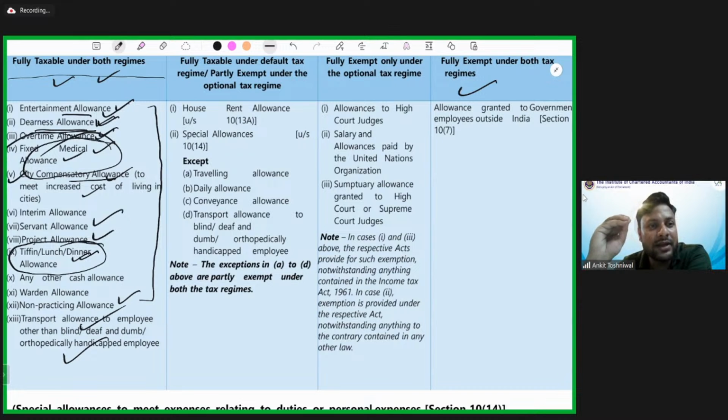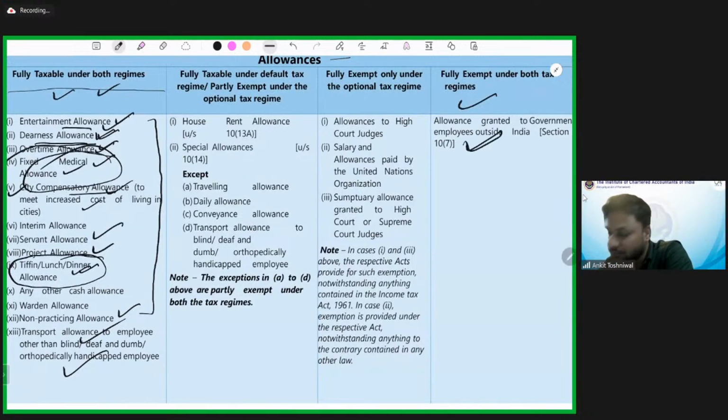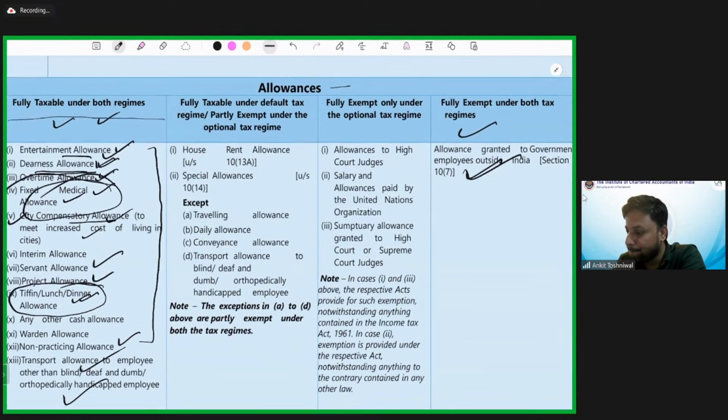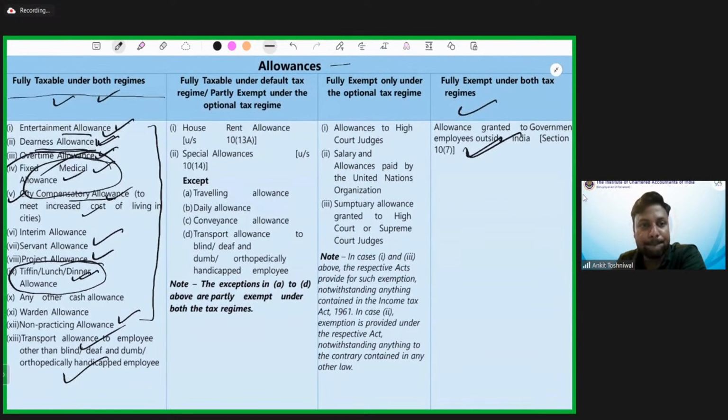Any allowances or any perquisites to that employee is fully exempted in both the regimes. Are you clear here? Are you with me till now?